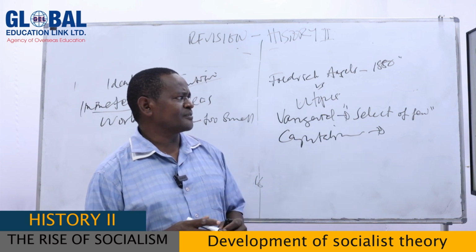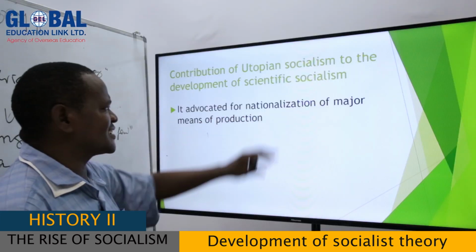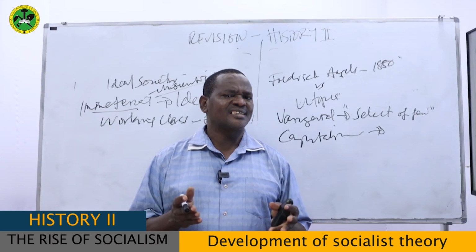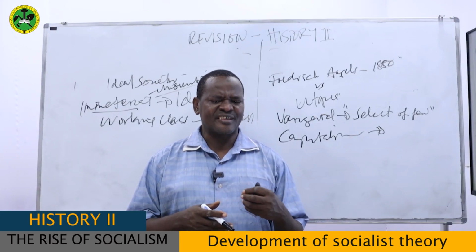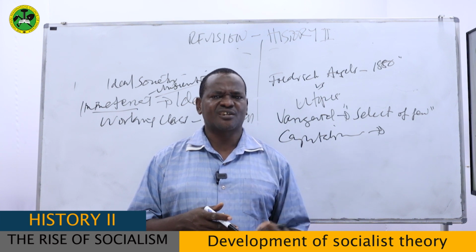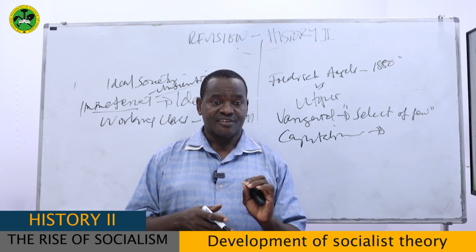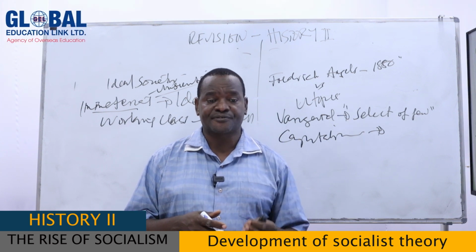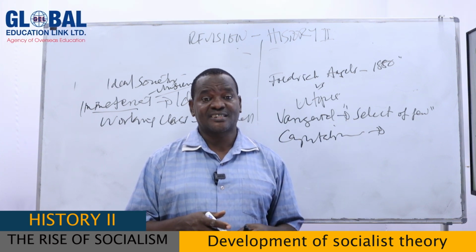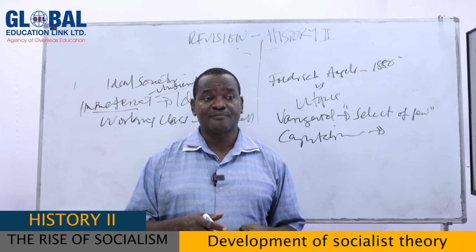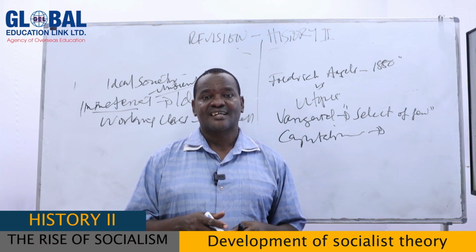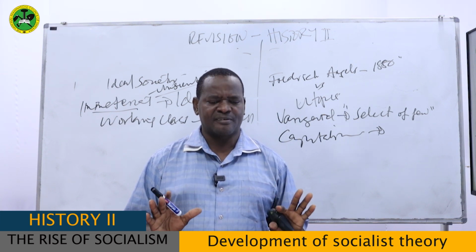Another contribution is that it advocated for nationalization of major means of production. At least they were right in that. They spoke about nationalization of all major means of production, though they believed that nationalization can be conducted through a peaceful transformation, while the scientific socialists believed that transformation can be done through violent revolution, because they believed that the capitalists will never agree to give away their wealth on a silver plate.